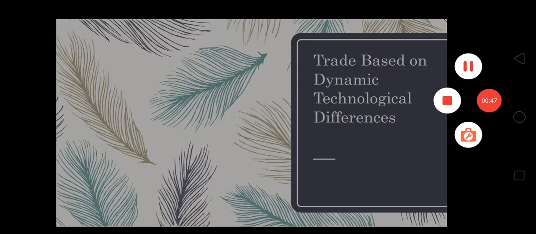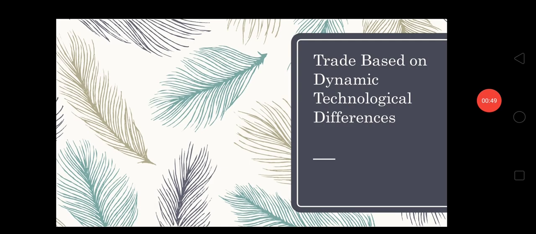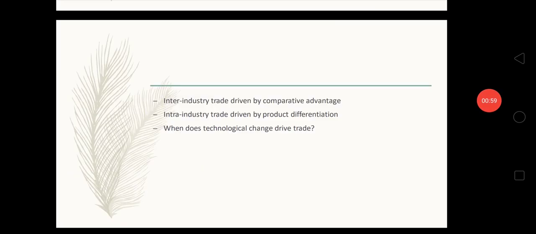Today we are going to discuss the technological gap model and product cycle model of international trade. It is clear that inter-industry trade is driven by comparative advantage. At the same time, intra-industry trade is driven by product differentiation.